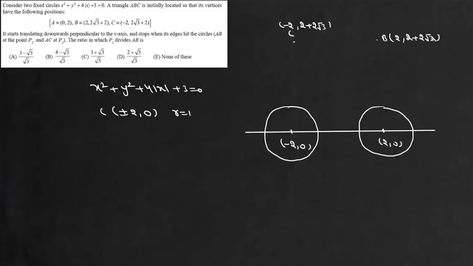Now basically it is a line which is parallel to x-axis. And then point A, it is at 0 comma 2. That's your y-axis. And we have this triangle.